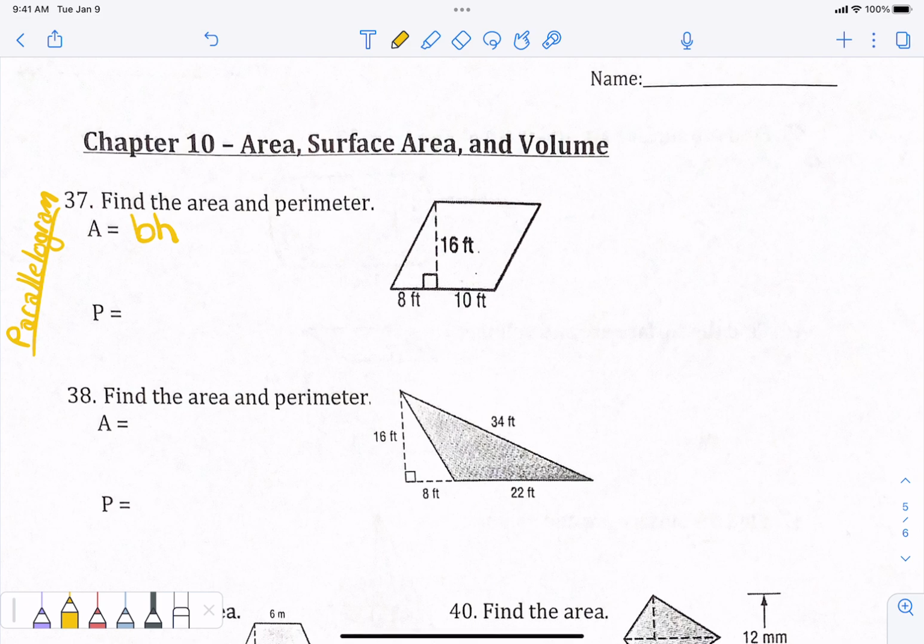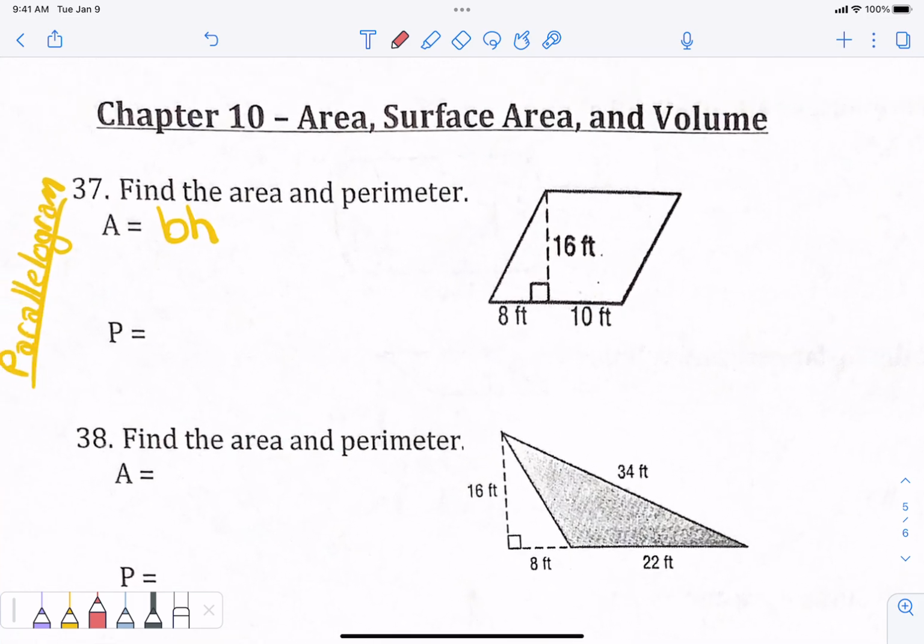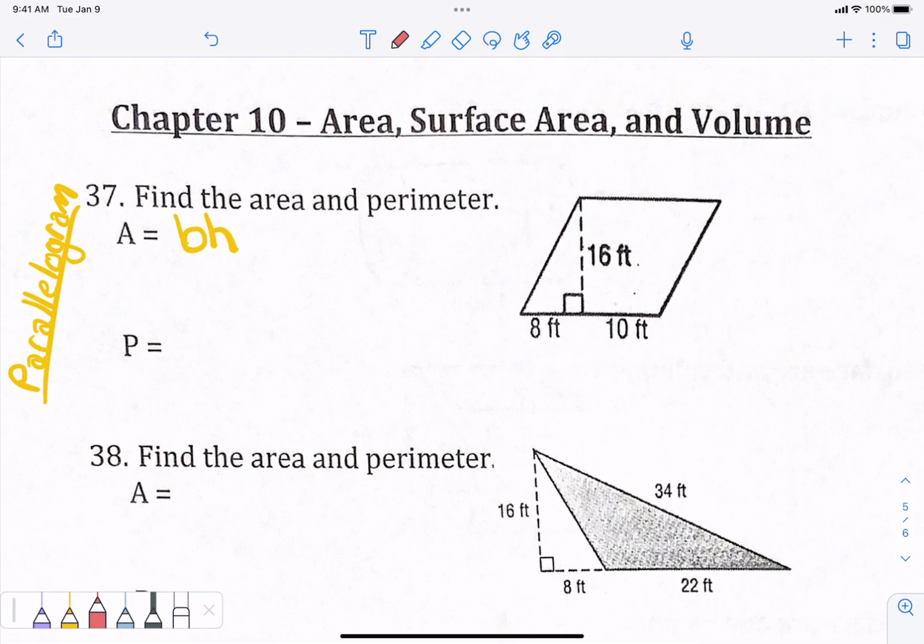Yeah, base times height, okay? So what will the length of the base be? 18, okay? And the height? 16, so all we have to do is 18 times 16 and multiply it together. 288, I think. Feet, and that is squared because it's area, okay?